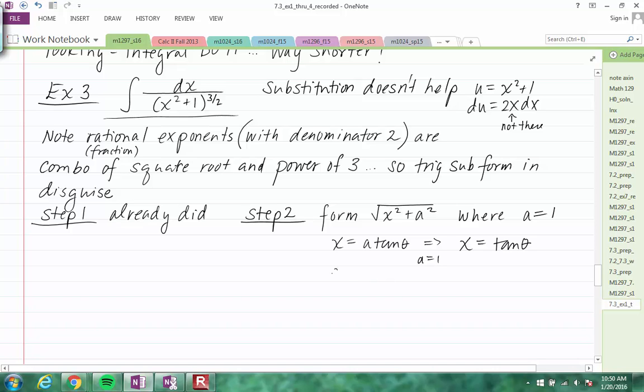If you want to do that here, because you're right next to your x substitution, that would be fine. Taking the derivative of x with respect to theta gives secant of theta squared. Then multiply both sides by d theta, and you have dx equals secant squared theta d theta.